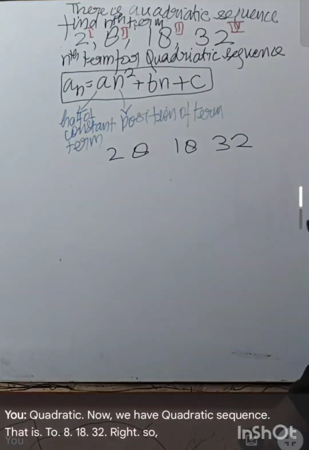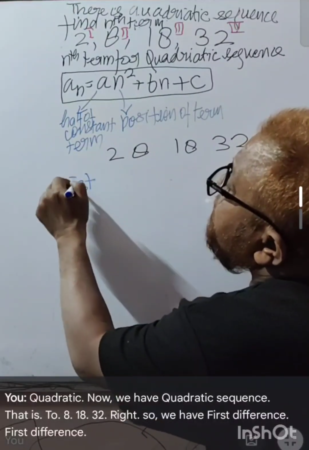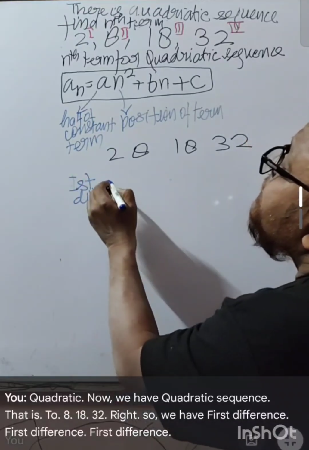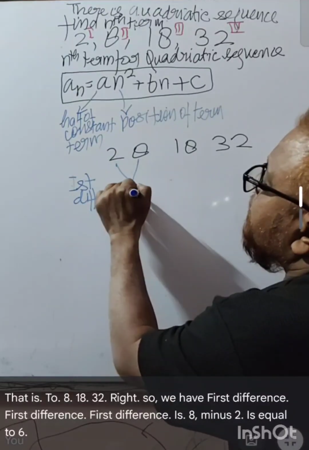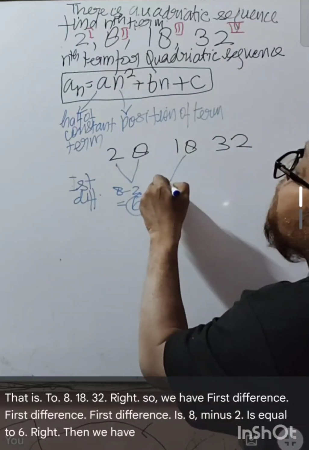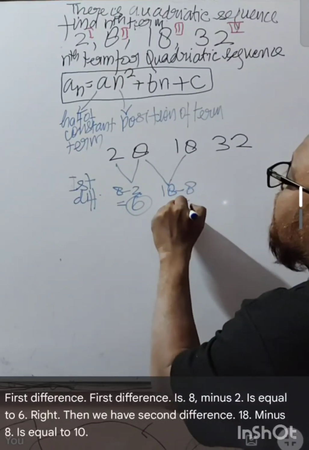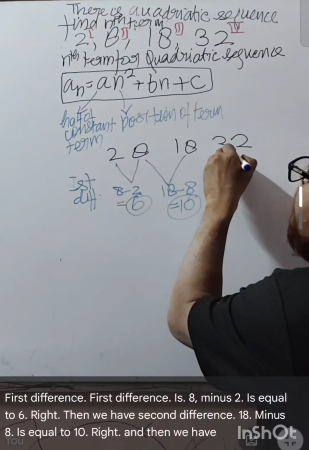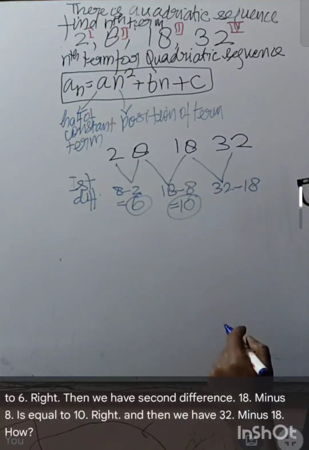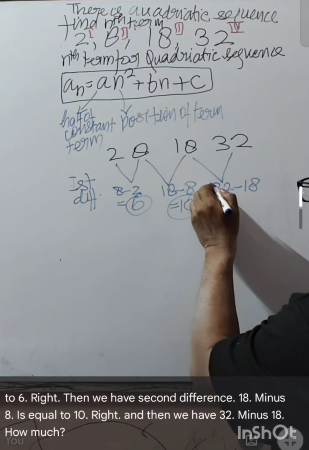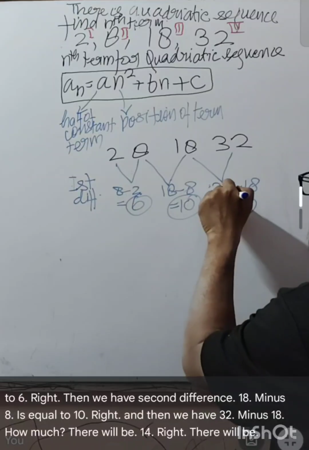The first differences: 8 minus 2 is equal to 6, then 18 minus 8 is equal to 10, and 32 minus 18 is 14.